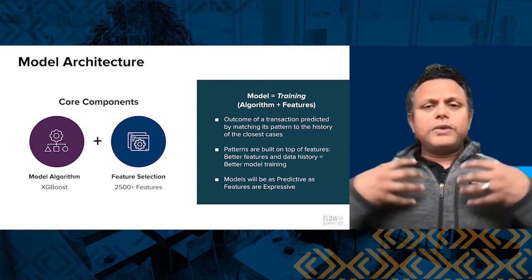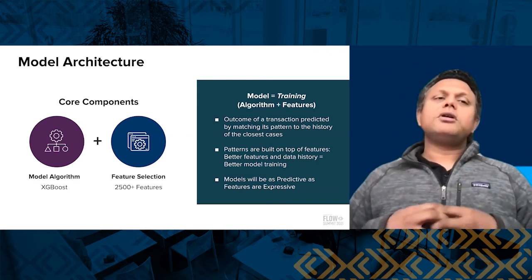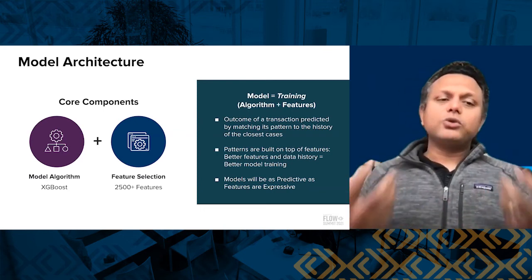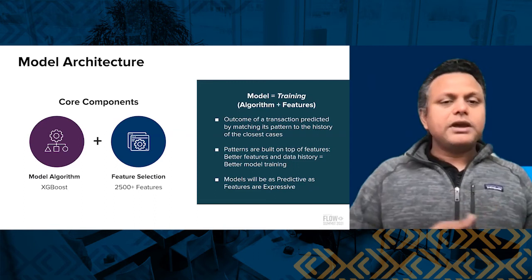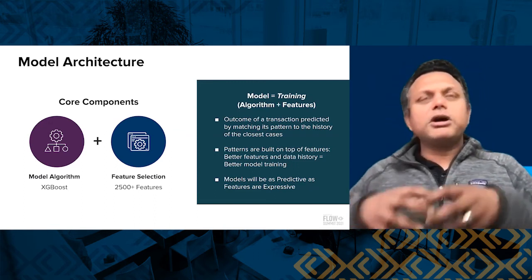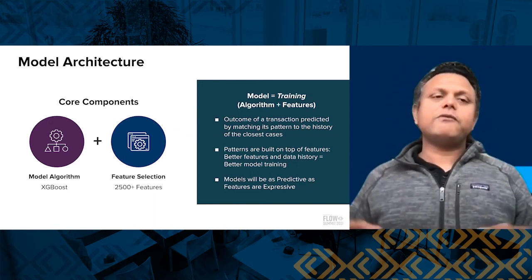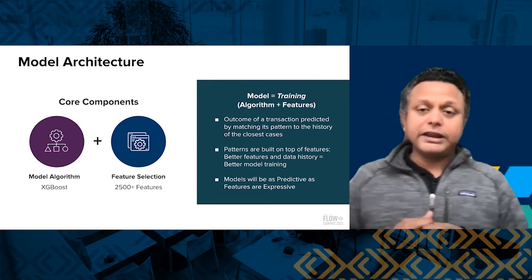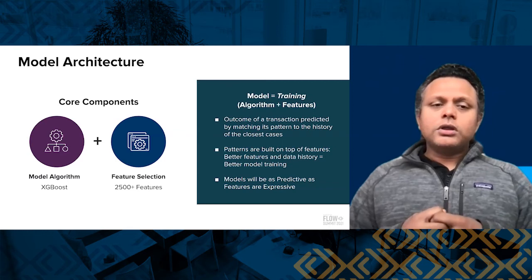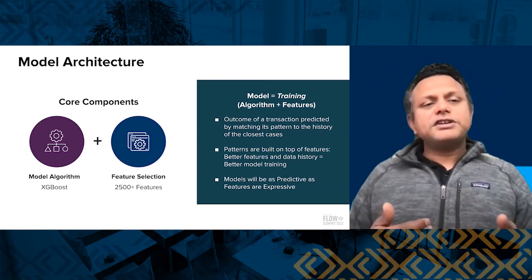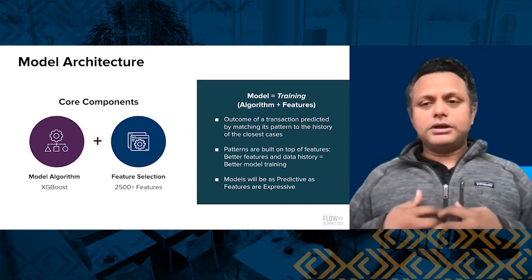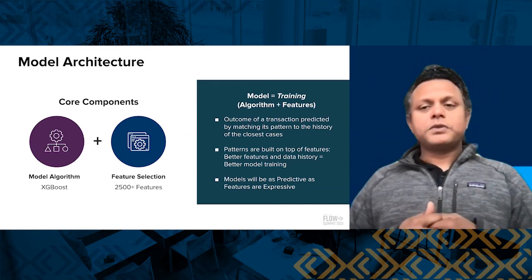So when I'm talking about this specific model, we are talking about this model's training. There are two components to it. One is the algorithm, and the other is how, among the tens of thousands of features that we have, we select the right features for this set of training data. The outcome of a transaction is predicted in this model by the historical patterns that we've observed.